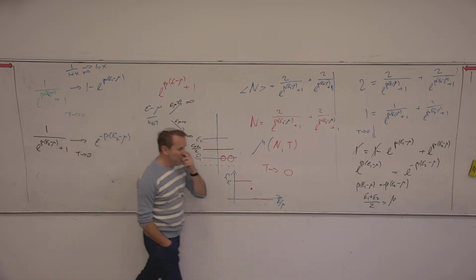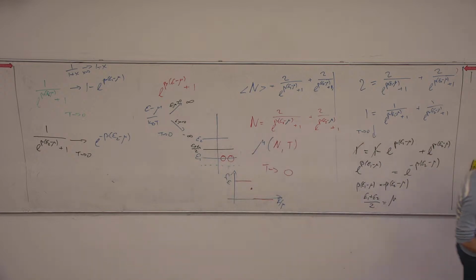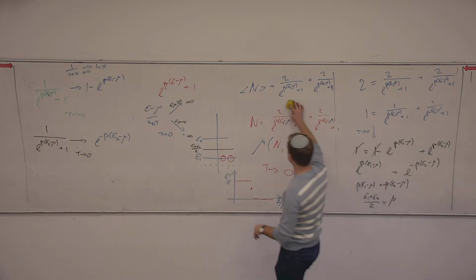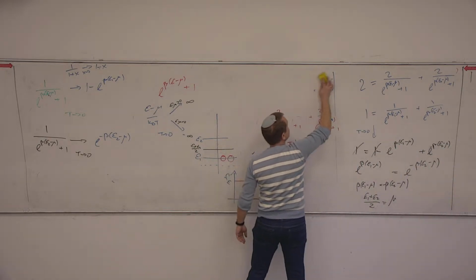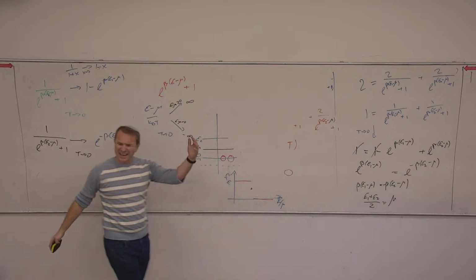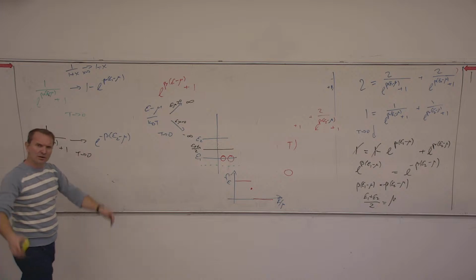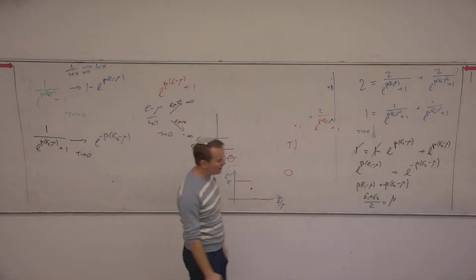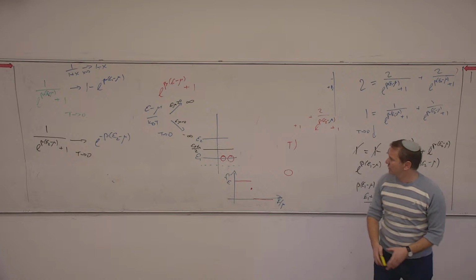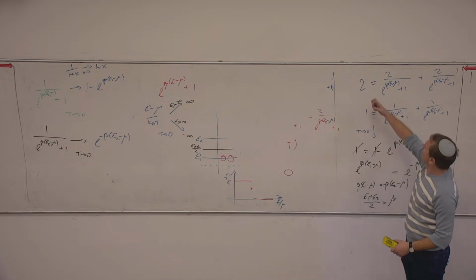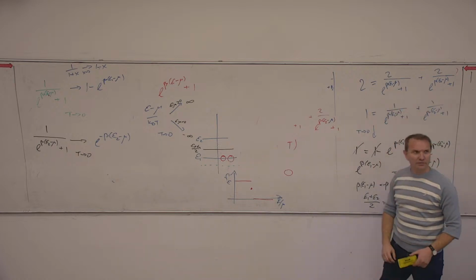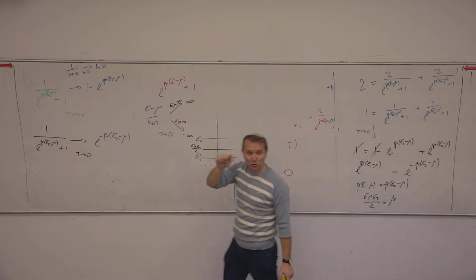Great. Now let's see how we do it for a slightly different example, the free electron gas. But the idea is going to be exactly the same. You take a system, you use the grand canonical representation, you derive the dependence of n on something, and from this expression you solve it and you find mu.